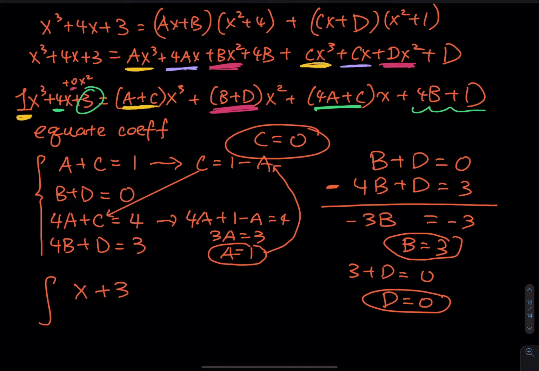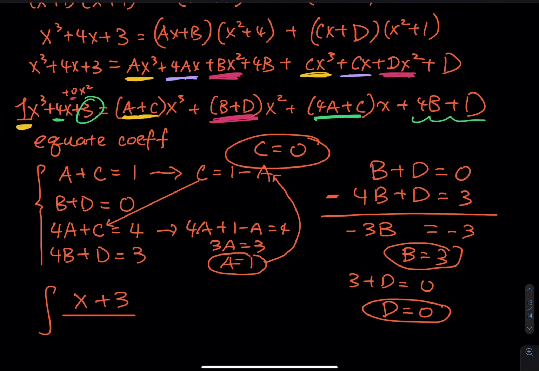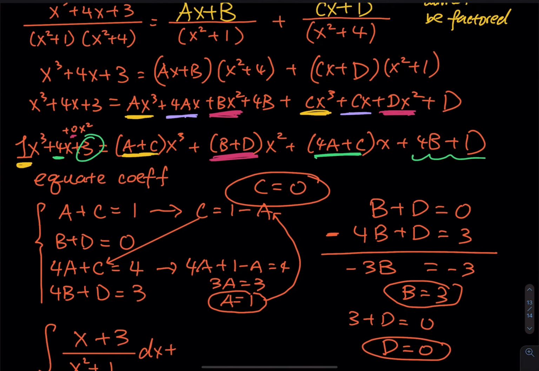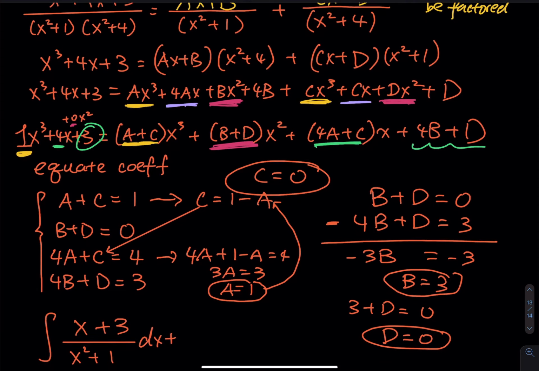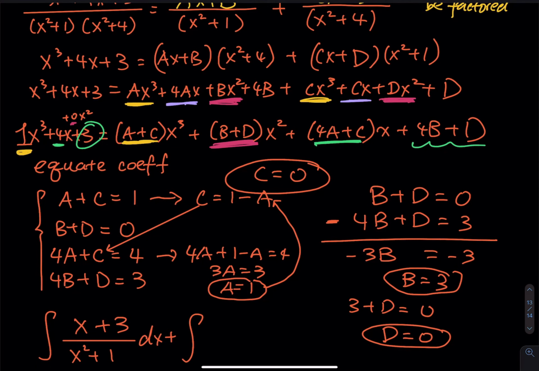So x plus 3 divided by x squared plus 1, and then dx, and then the cx plus d. So that will be an integral. c is 0, so that will be 0x plus d.